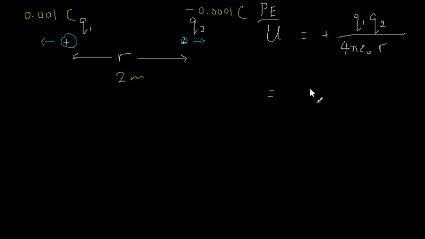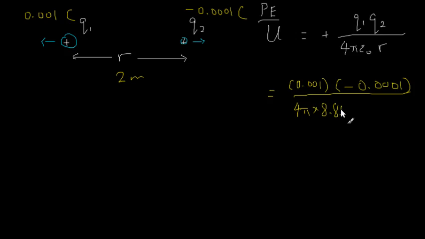Okay, I can default the plus sign, that's understood. So Q1 is 0.001. Now this time Q2, I would put in minus 0.0001, and that would divide by 4 pi epsilon naught. It could be 8.85 times 10 to the minus 12 times R, which is 2 meters.